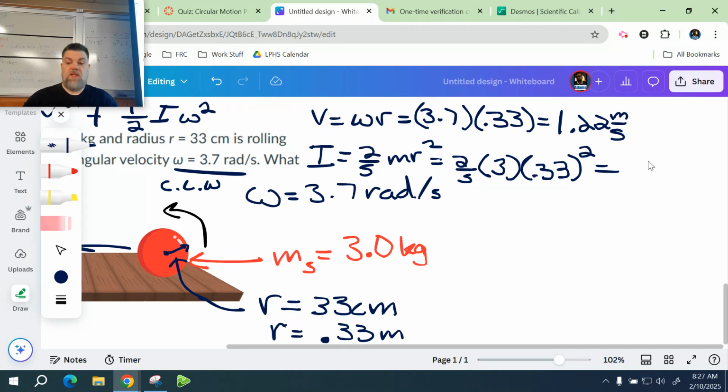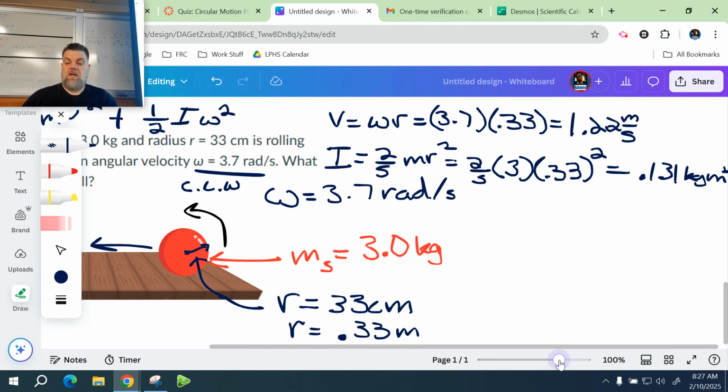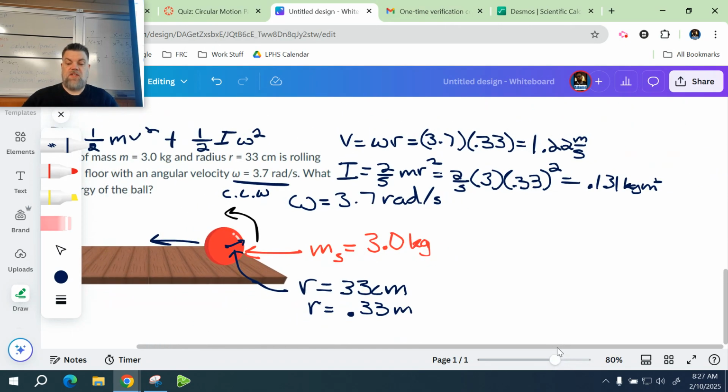And that's 0.131, and that's kilogram meters squared. So now we have all the information we need to finish this problem.